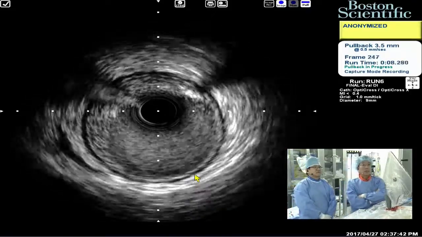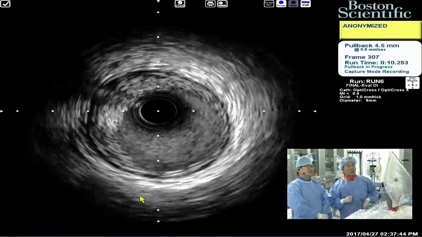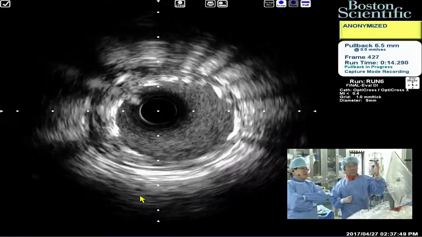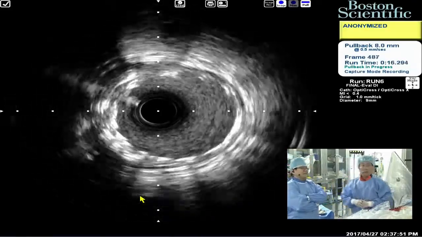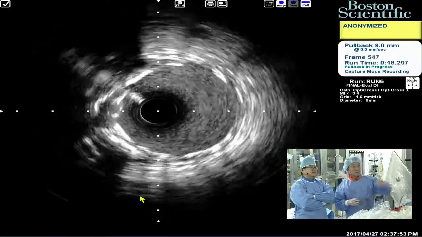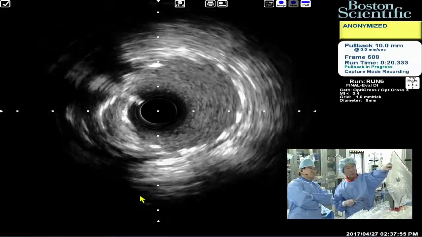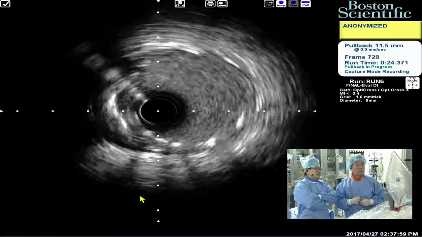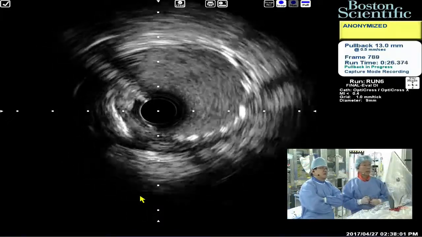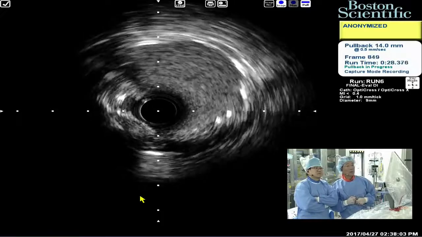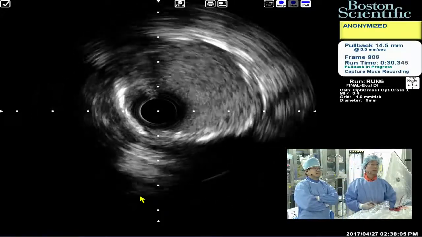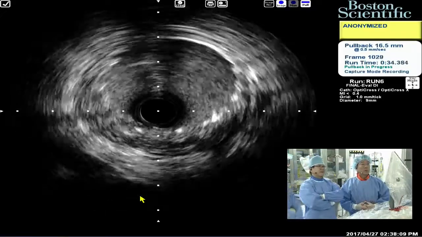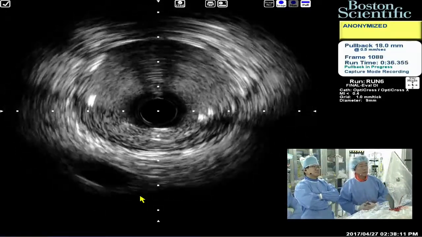We are focused on just the malposition area, the proximal part. Distal landing is good. That's great. I like that, right? There may be some side branch, I think. I don't worry. 3.5, almost 4. Stent diameter, so distally.